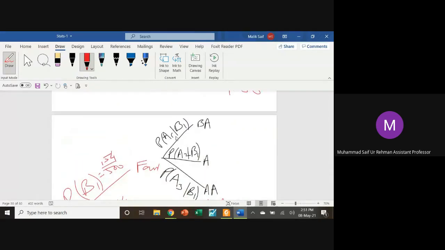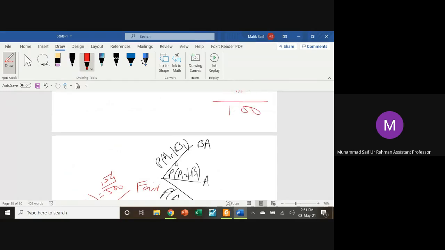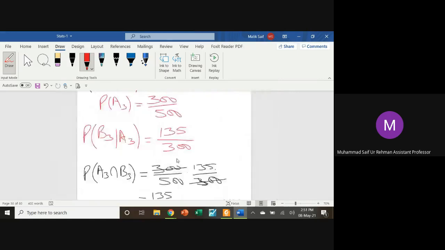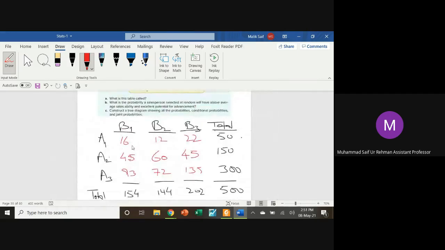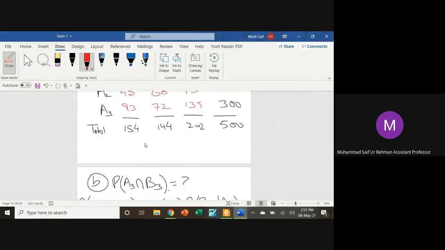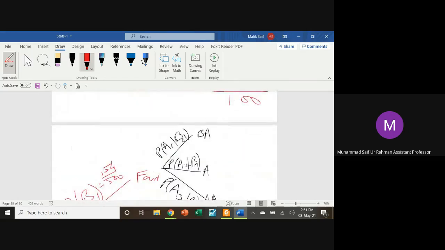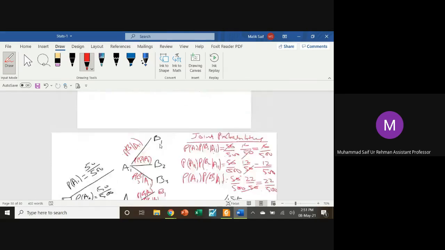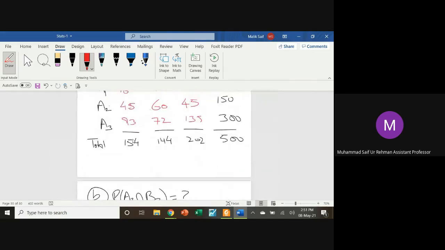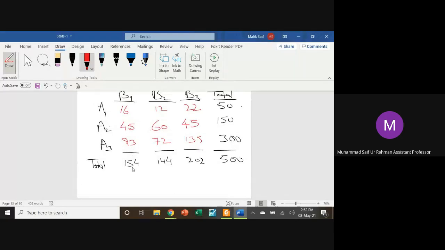And then you will find out these probabilities, A1 given B1. What is the probability for A1? We have to see the intersection point A1, B1, where these two meet. 16. And then you could see B1 is there. So the sum for B1 we have to write down. The sum for B1 is this value 154. So what will you write down? 16 divided by 154.